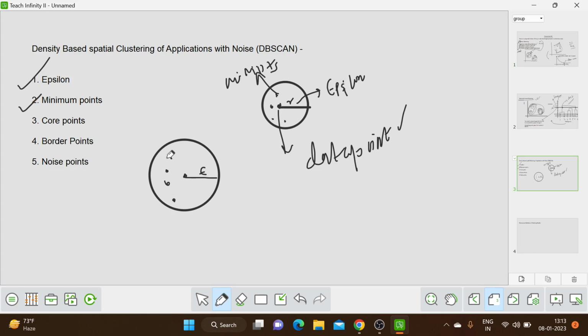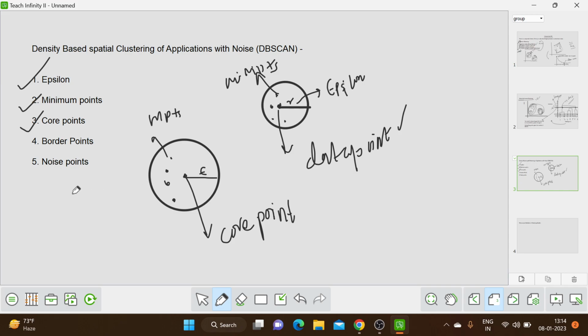If I have 4 minimum points inside the circle, then this data point is known as a core point. Okay, so core point is clear. If I have 4 minimum points inside a circle, then this is the core point.